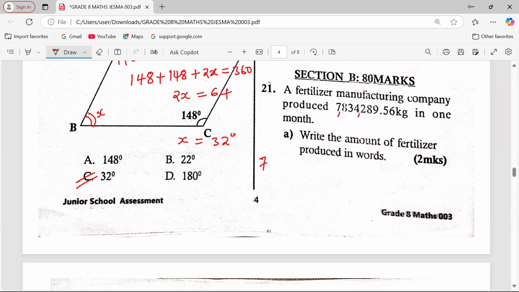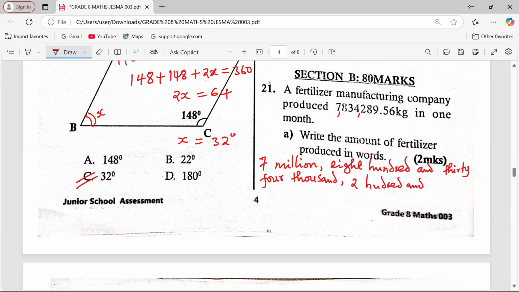You can just write 7 million, but you write it in words, and it should be everything in words. I'm just trying to be brief.